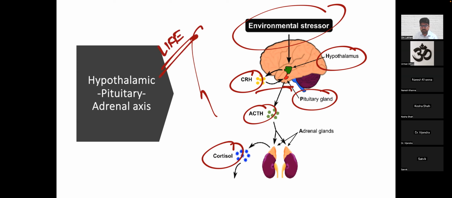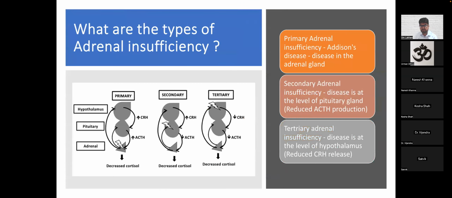Now, what is primary, what is secondary, and what is tertiary adrenal insufficiency? Primary adrenal insufficiency is what is known as Addison's disease, when you have disease of the adrenal gland. Secondary adrenal insufficiency is when you have disease related to the pituitary gland. And tertiary adrenal insufficiency, as we saw in the cases earlier, is when you have a problem with the hypothalamus.